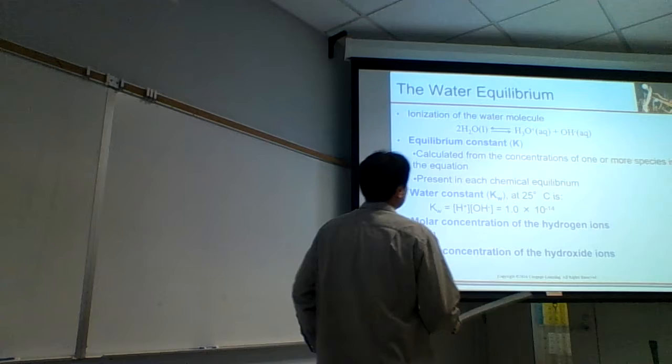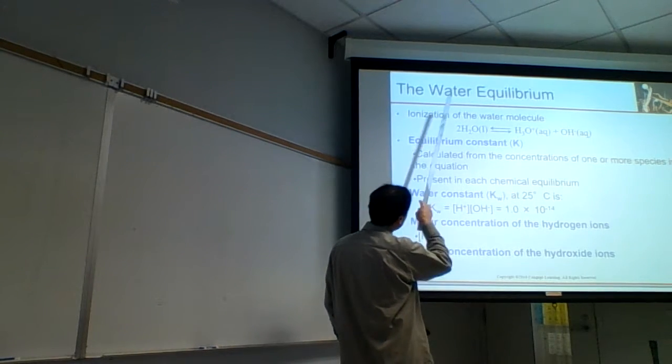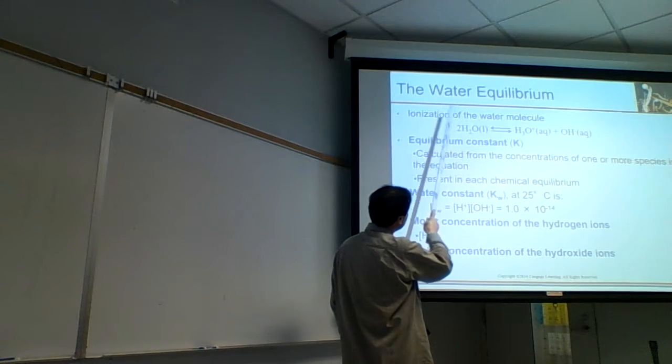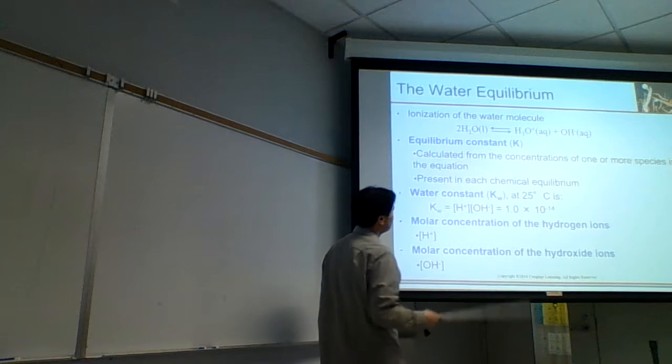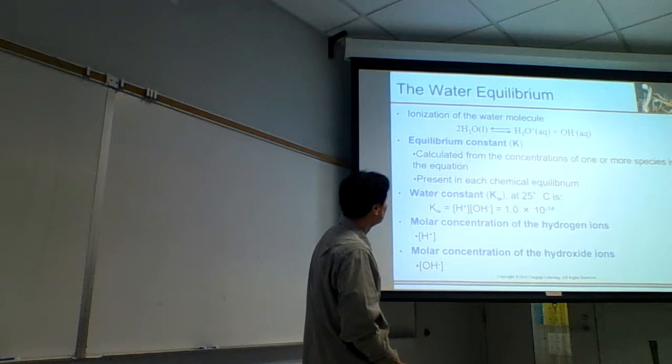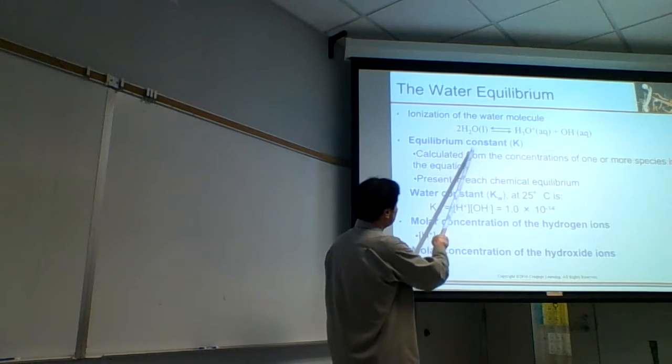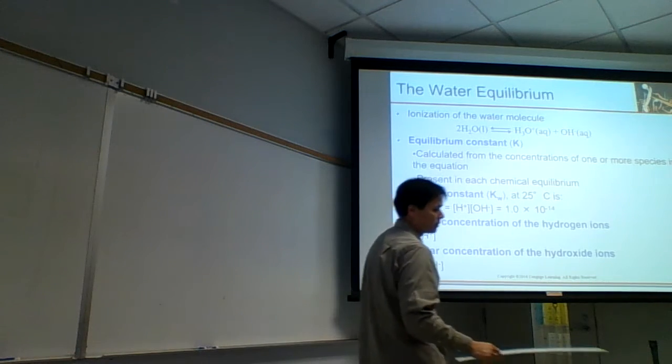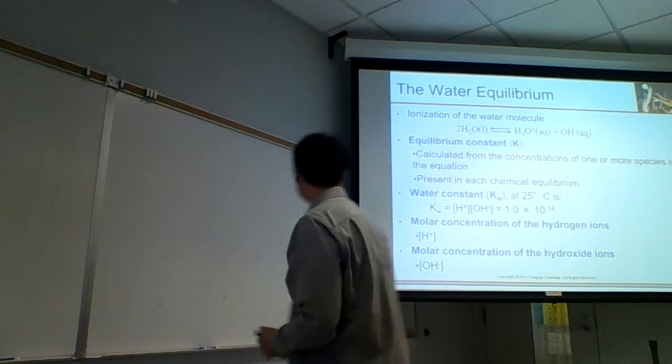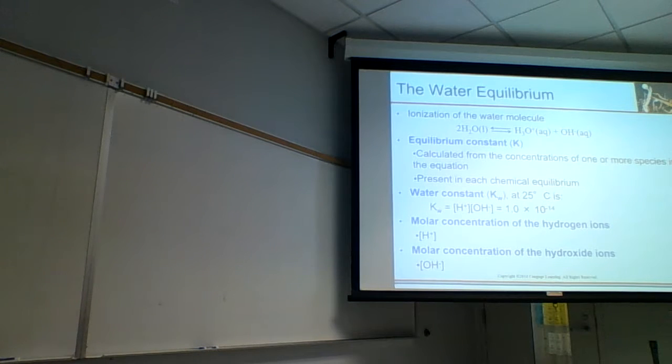Some bases. Okay, we left off right before this, talking about Bronsted acid-base reactions. Now this is an example of a Bronsted acid-base reaction or Lewis acid-base reaction. This one's called the auto-ionization, or the ionization, of water. If we take two water molecules, they can react with each other.